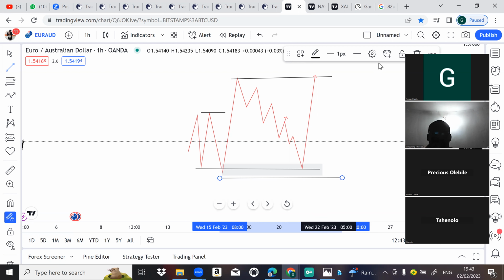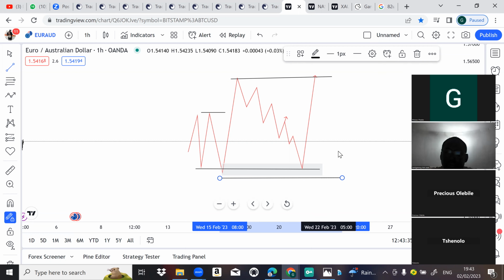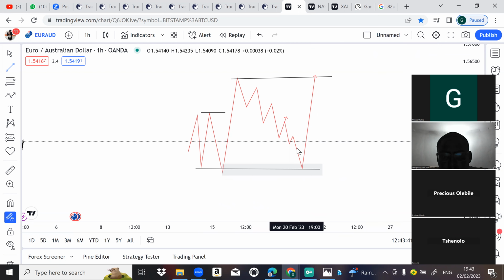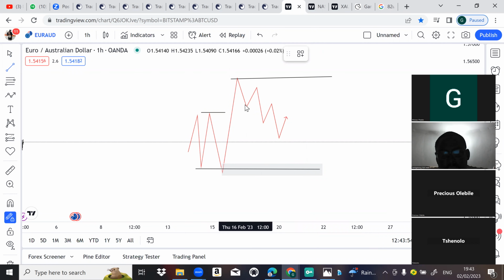So to make the setup a high probability setup, you have to add confluence. When you add confluence, it's either you use 3D or you use inducement. So 3D is whereby you connect a straight line, it connects 1, 2, and then the order block.